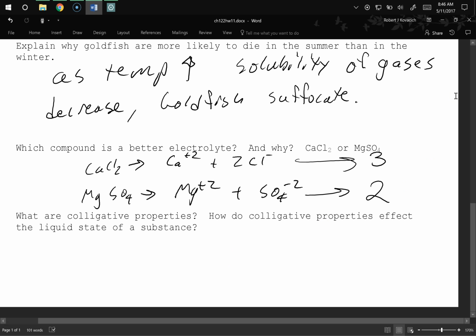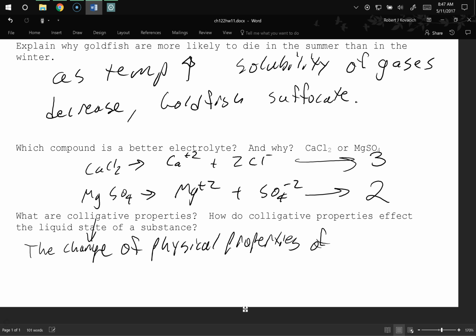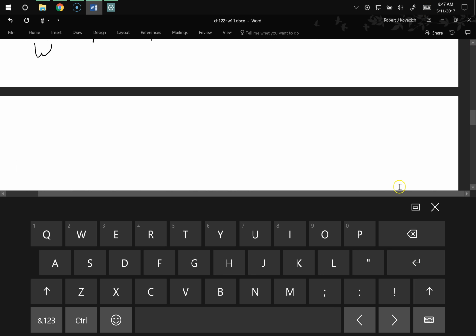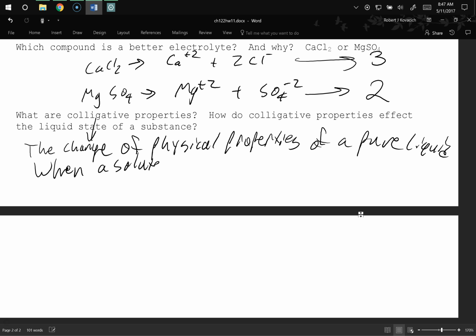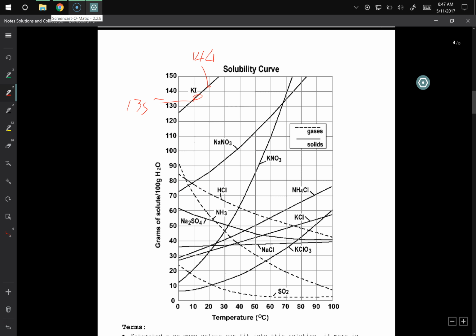Okay, so colligative properties. Change in the pure properties of a liquid when a solute is added.